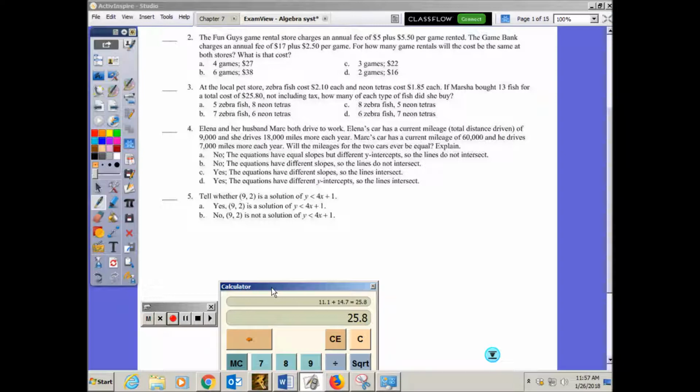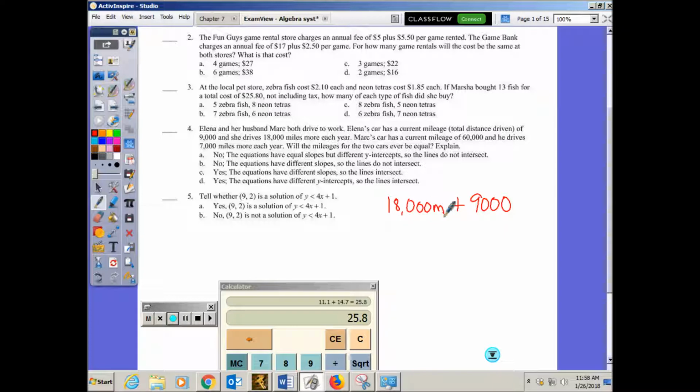So her car is at 9,000 miles, and she drives 18,000 more each year. So she drives 18,000 miles every year. And I'm going to change that Y to an M.